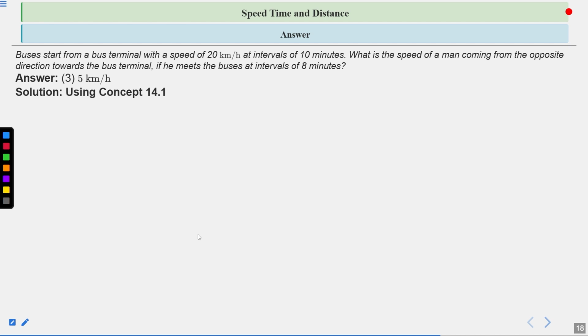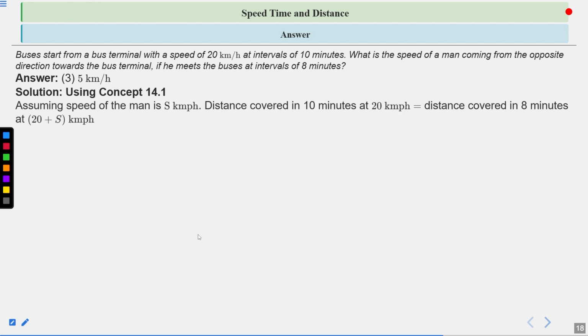Now see the detailed solution using concept 14.1 in this question. Assuming the speed of the man is s km per hour, the distance covered in 10 minutes at 20 km per hour equals the distance covered in 8 minutes at the speed of (20 + s) km per hour.